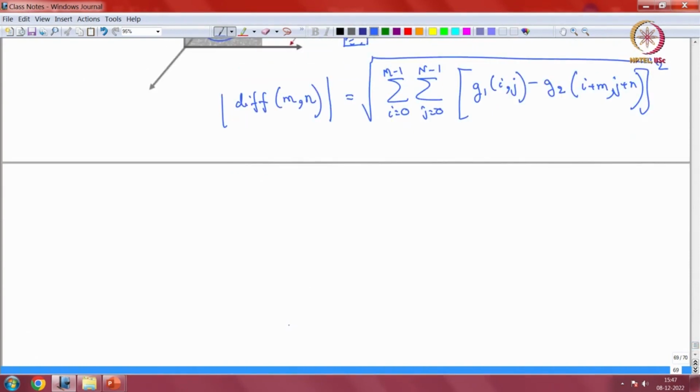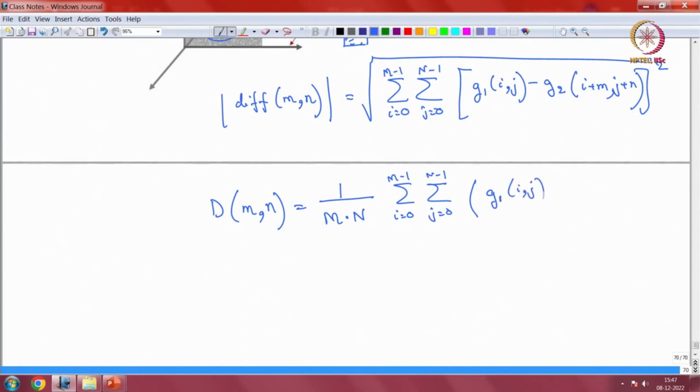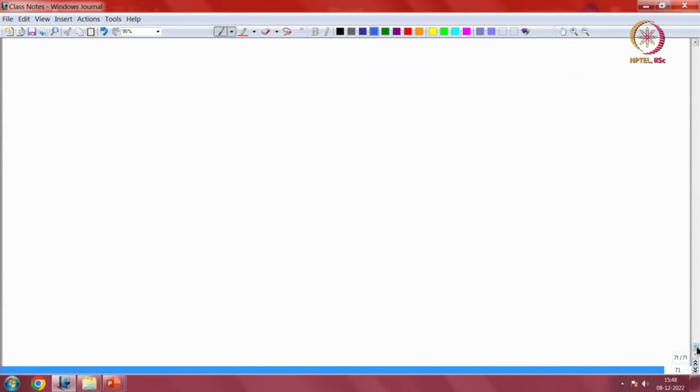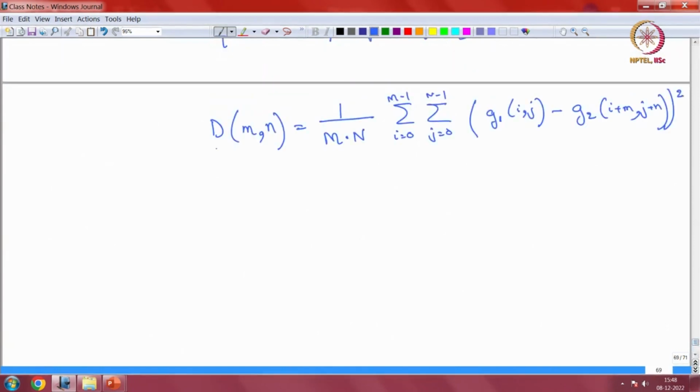From the above difference, you get the idea that perhaps I can define this kind of a squared difference between two images, given by this formula: G1 i comma j minus G2 i plus m, j plus n, squared.